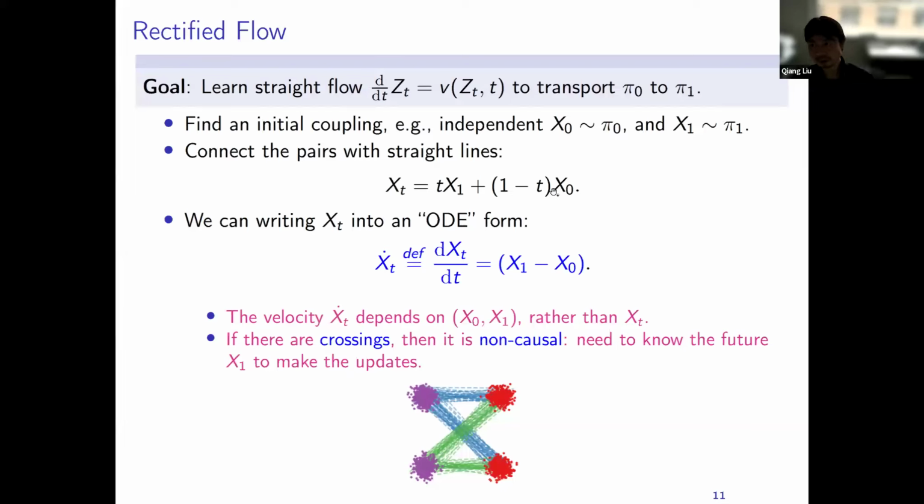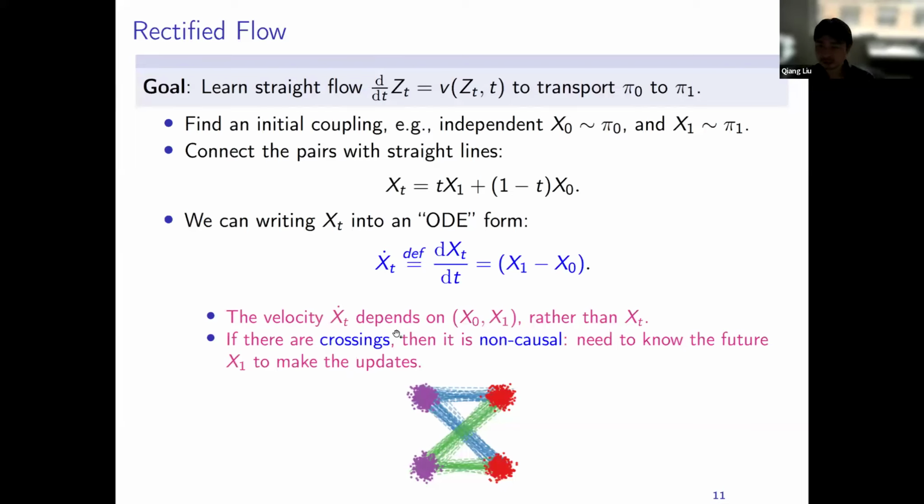Now we get a set of trajectories, and if we simply take the derivative of the trajectories, we will get a differential equation. But this differential equation is not necessarily well defined, because the derivative actually depends on the initial point and end point. At every time point, the derivative of xt is going to point from the initial point to the end point, right?